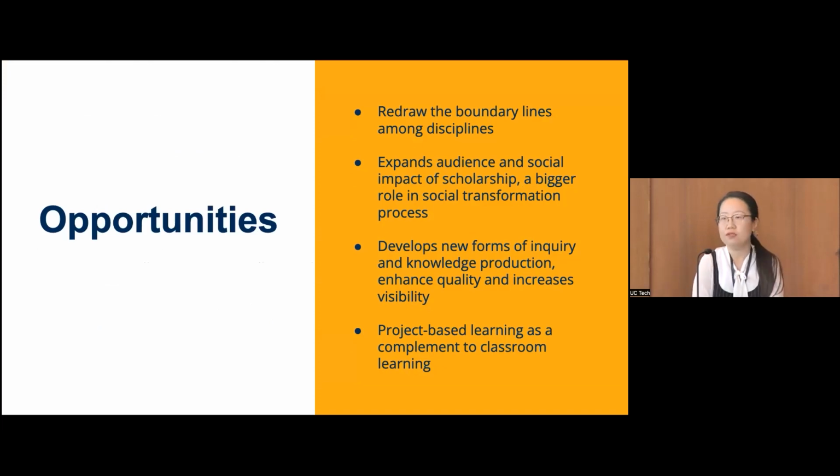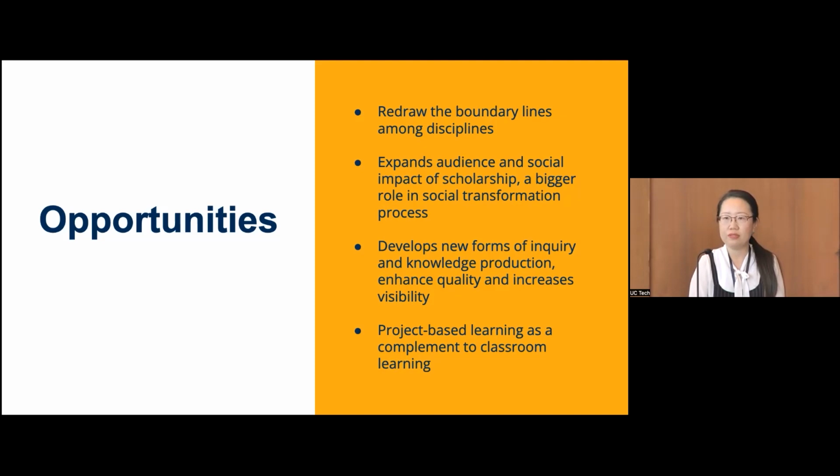Digital humanities is such a booming field because it brings a lot of opportunities. First of all, it redraws the boundary lines among disciplines. Before, history and literature were history and literature, and data science was data science. But now we use a lot of skills from other disciplines to do humanities.